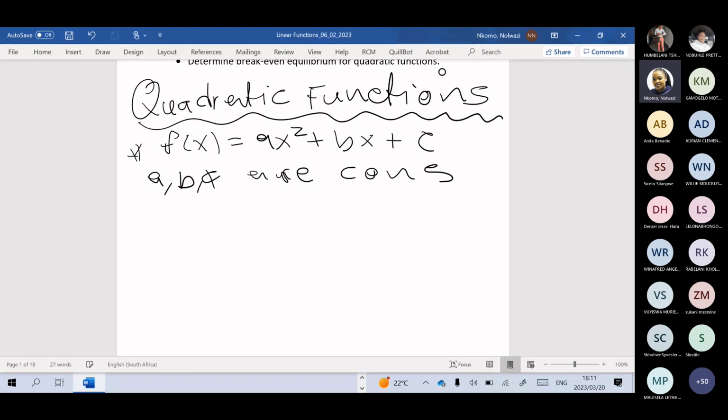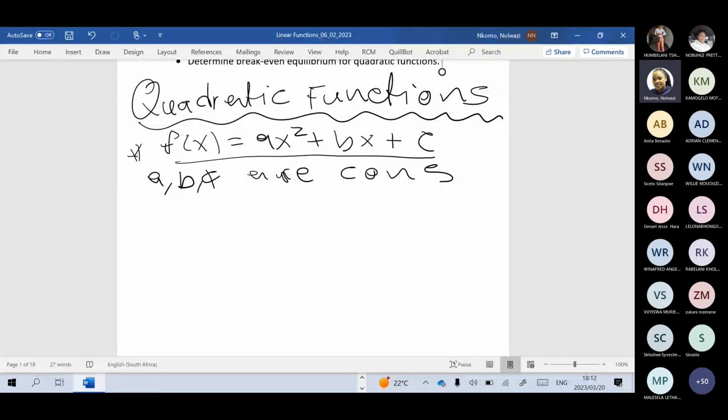For quadratic functions, we have a minimum or a maximum turning point. If this function has a maximum turning point, that means our a is less than 0.